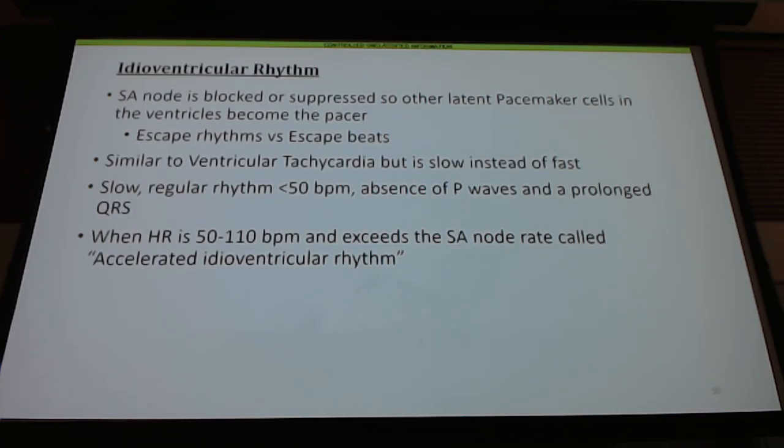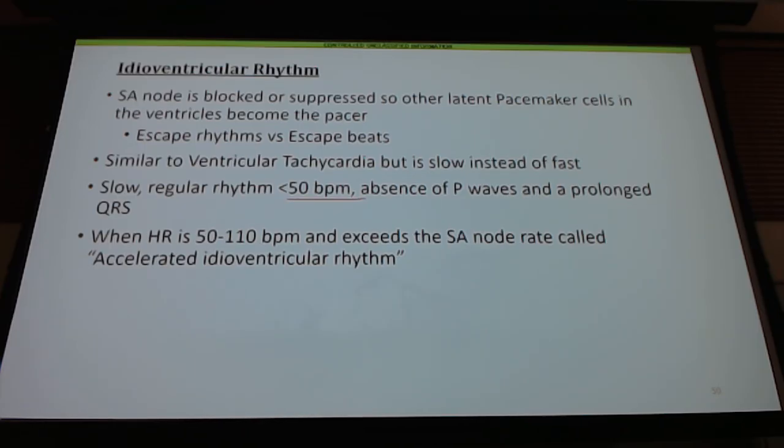Now let's look at another rhythm that the PANS blueprint requires you to know, and that's an idioventricular rhythm, which may look like V-tach, but instead of having a fast heart rate like you normally get with V-tach, it actually is slow, to the point where it could be less than 50 beats per minute.